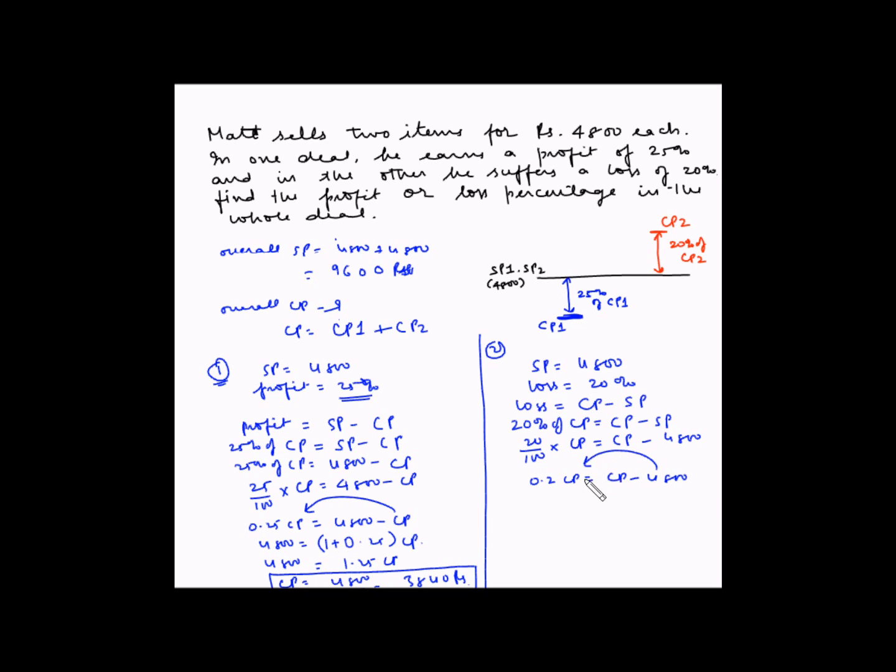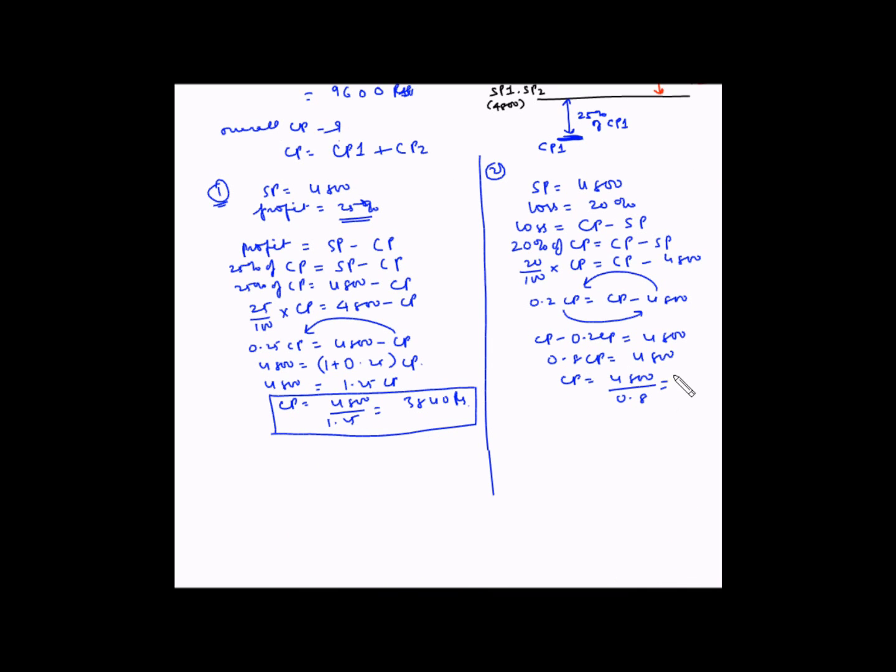Now bringing this 4800 on the other side and 0.2 CP on this side, CP minus 0.2 CP is equal to 4800. 1 minus 0.2 is 0.8. CP is equal to 4800, or CP is equal to 4800 divided by 0.8, which is equal to 6000 rupees.